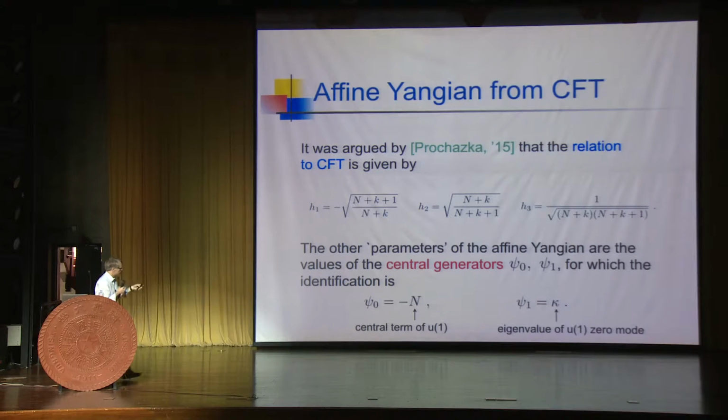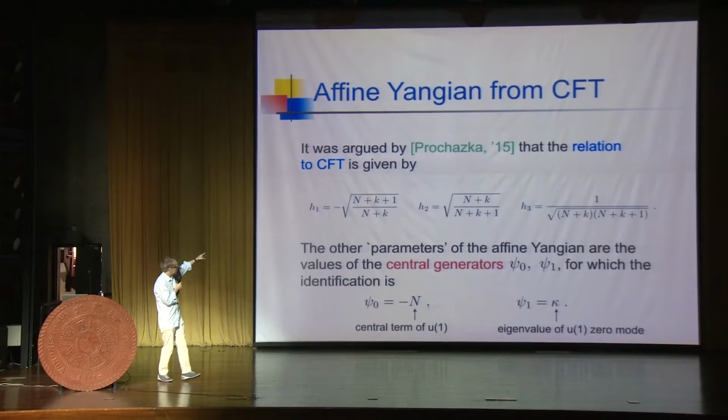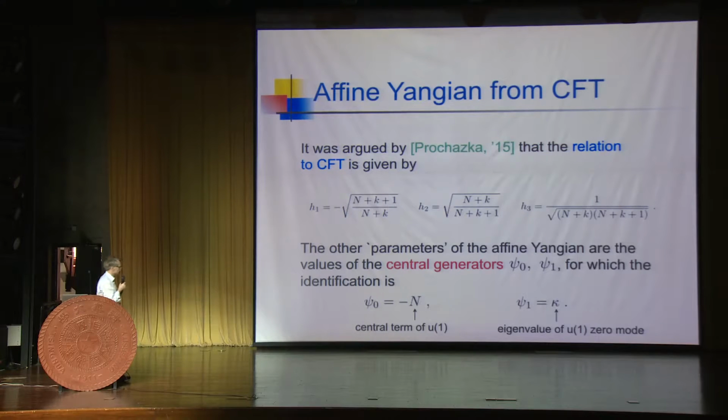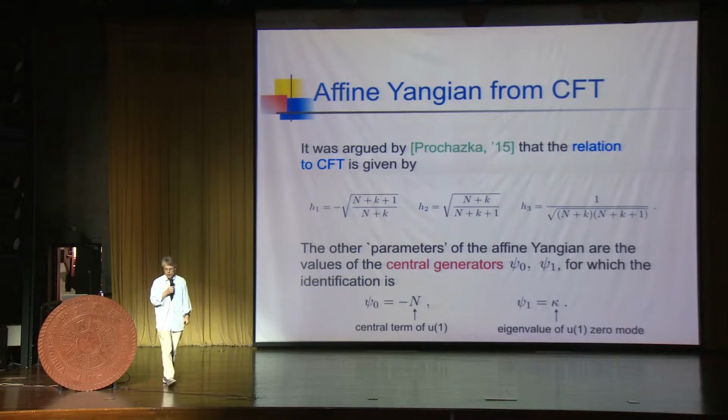So Prochazka claimed that the relation between the W infinity algebra at n and k and the parameters of the affine Yangian are given by this relation, where, as I also mentioned before, the psi 0 is to be identified with the central term of the u1, I minus n, and psi 1 is the eigenvalue of the u1 zero mode.